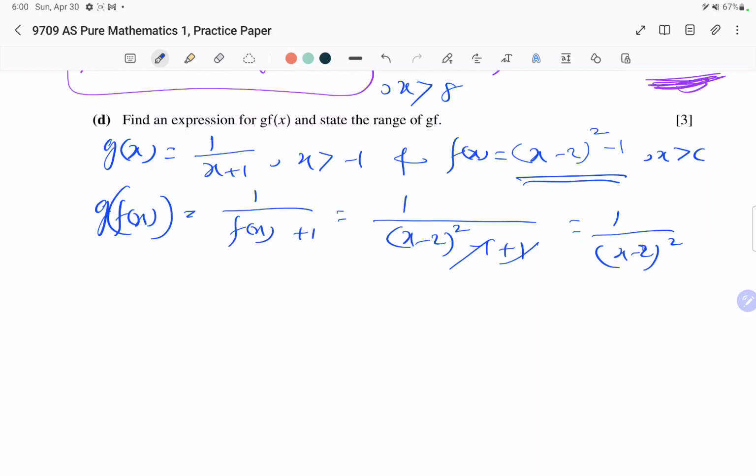When we have substituted x as f x, then we also have to substitute in the condition.